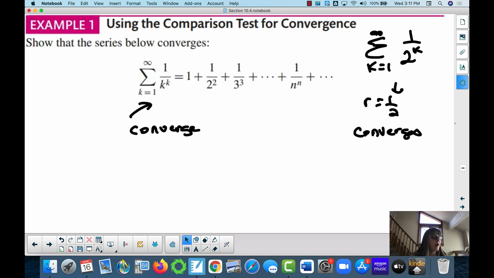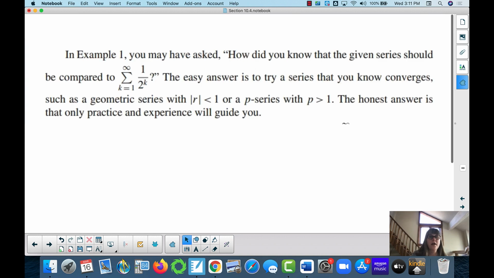So again, we have to show the conditions are met to use the comparison test, but then we can use this particular series to compare. Now, you're probably thinking, how the heck did you know to use 1 over 2 to the k? You're trying to find a series that you know converges and whose sum will be bigger than the sum you're trying to test for whether it converges or diverges.